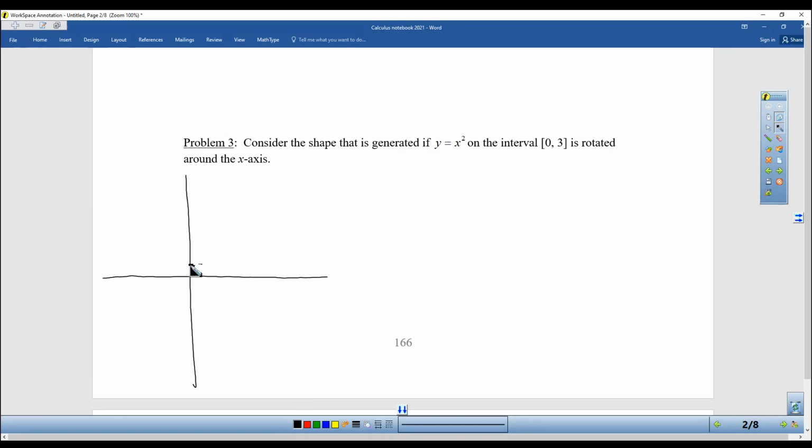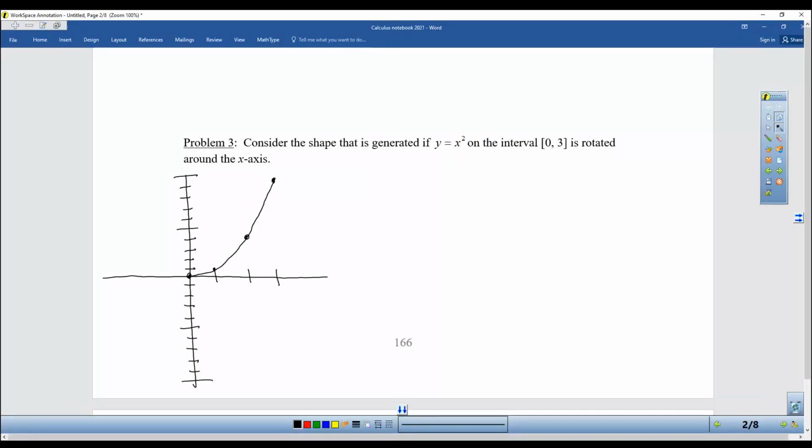I do need to get up to 9. 1, 2, 3, 4, 5, 6, 7, 8, 9, 10. And I do need to get out to 3, which I'm going to exaggerate my points just to make it easier to see. So 0, 0, 1, 1, 2, 4, and 3, 9.